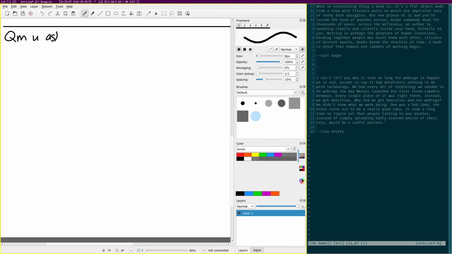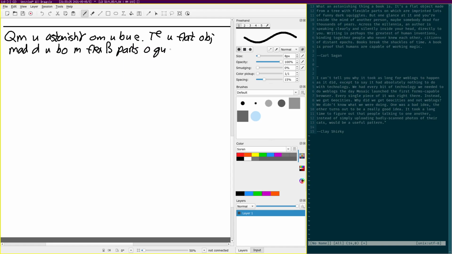Quam u astonishing ubu a. Te u flat obj mod de u bo flexible parts o qua a imprinted the funny, let's say, lumo squiggles.